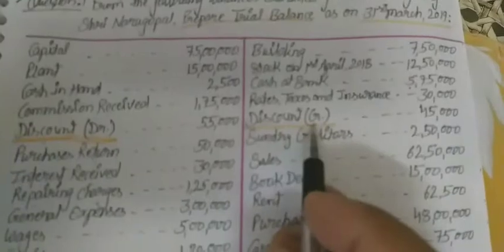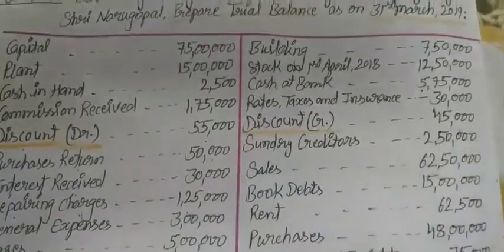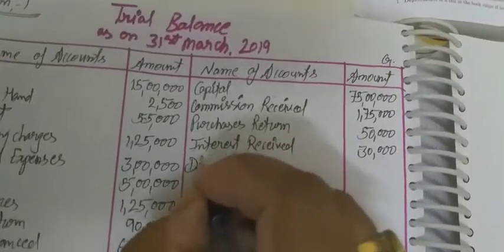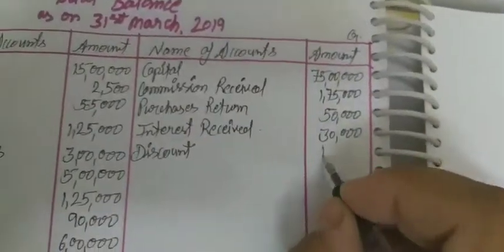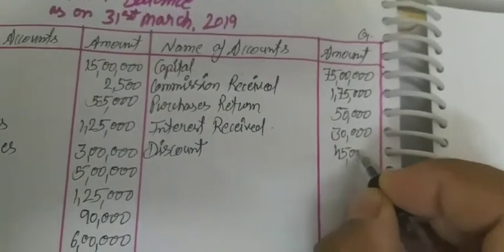And after this, next one is discount credit, 45,000. Discount we will show on credit side, that is 45,000.